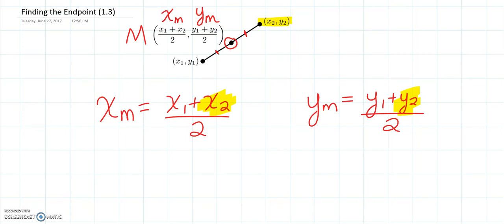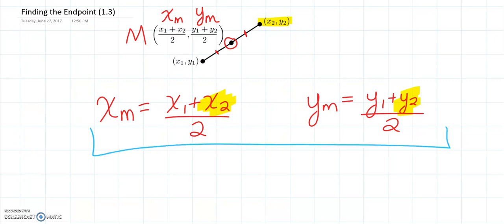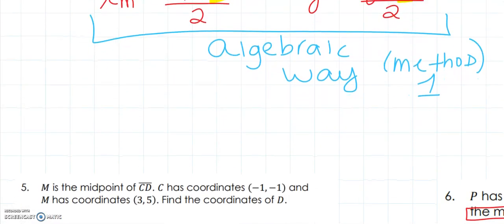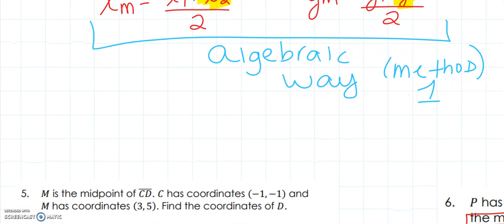I'm going to show you two different ways that we can solve this problem. We can do it this algebraic way, which I'm going to call method 1, or we're going to do a second way, which is not covered in your Math Nation books, and that's something called a visual method.